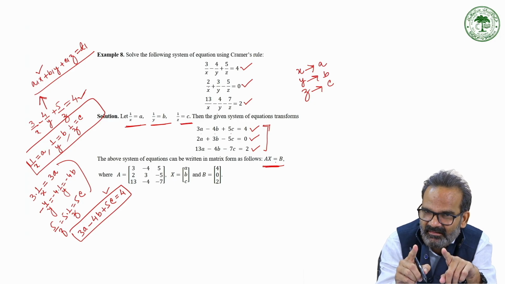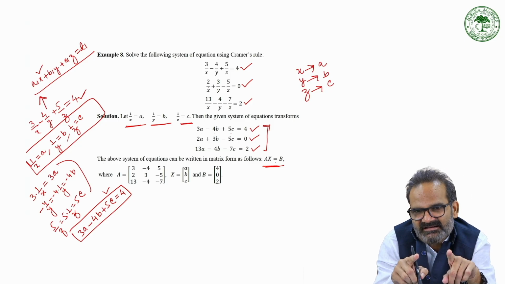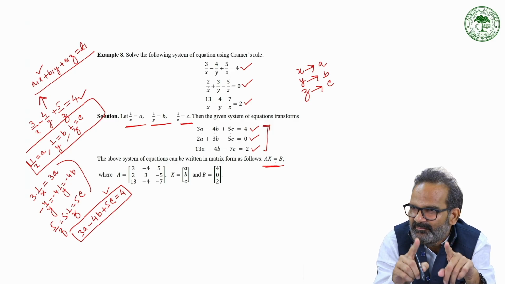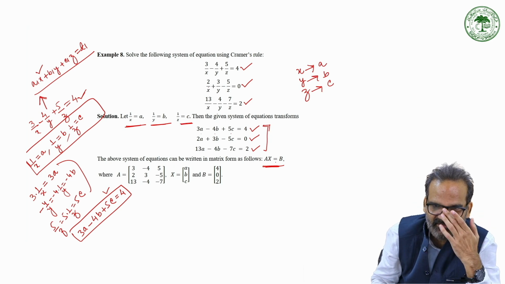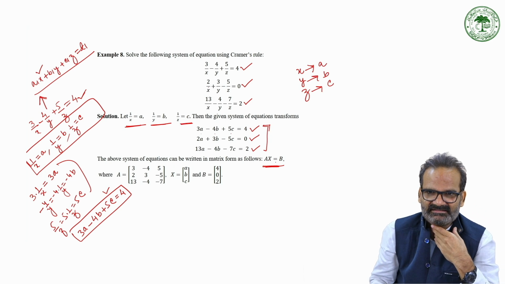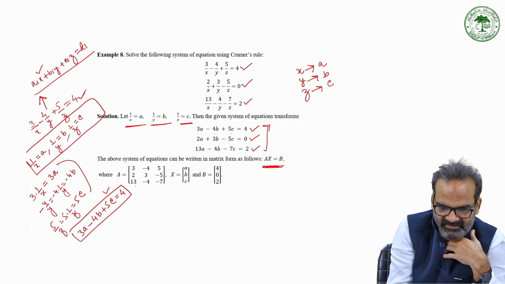Be careful. A is the matrix of the coefficients of the variables a, b, c, because in this system of equations, the variables x, y and z are being replaced by a, b and c, right? Now the system is written AX is equal to B, where A is this, X is this and B is this.